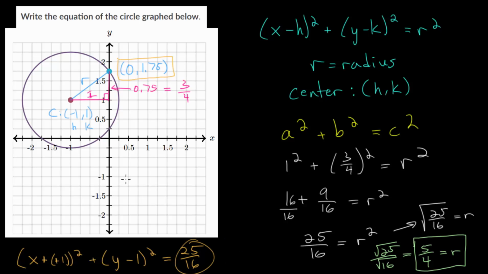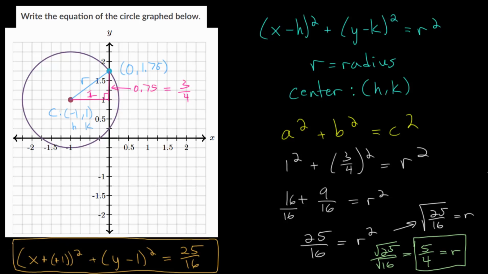Or in other words, we need to plug this in to make sure that the equation remains true. But when you do that, you will see that it works and that this is the correct equation for this example problem. So let's look at one more problem.